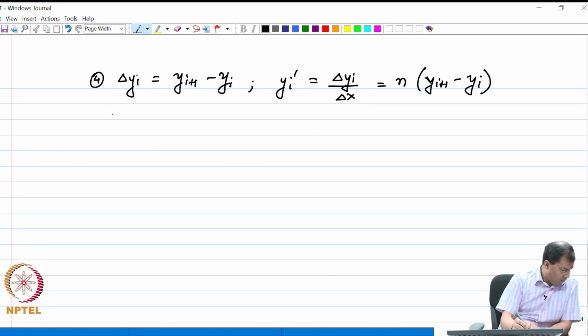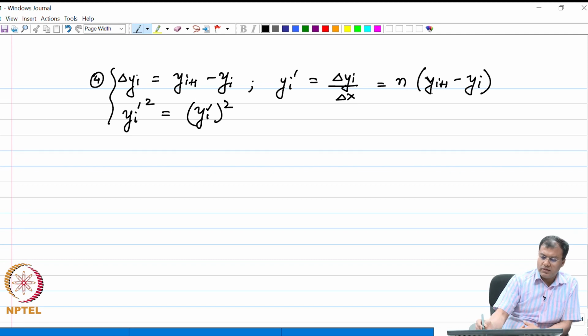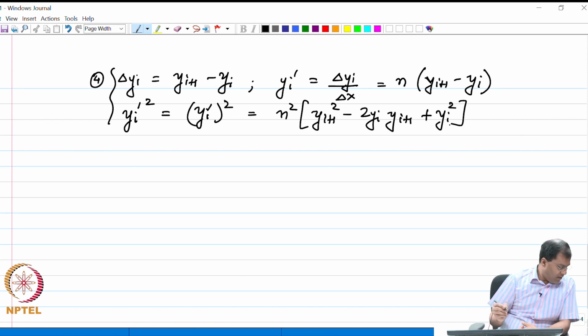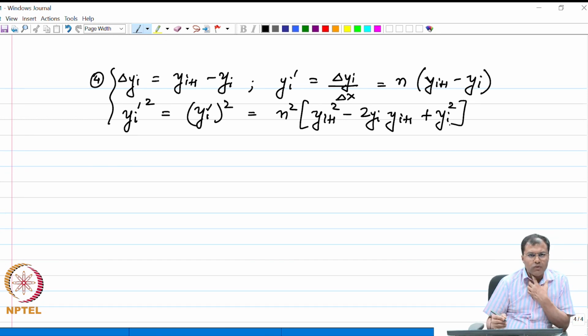And so, what we have is yi prime square, which we need in our problem, will be yi prime whole square. We just plug in the expression here, and we get that this is equal to n square times yi plus 1 square minus 2 yi plus 1 yi plus yi square. So, we are ready to substitute all these values in our original functional.